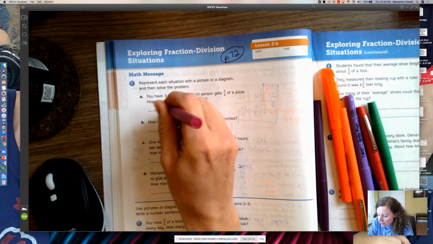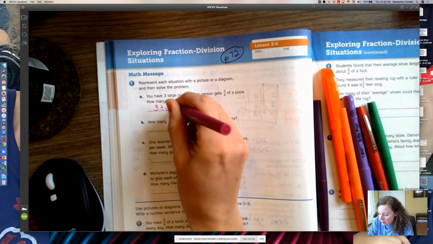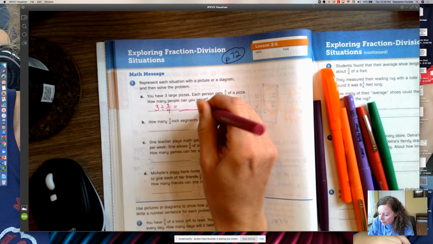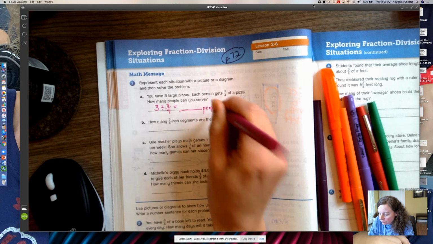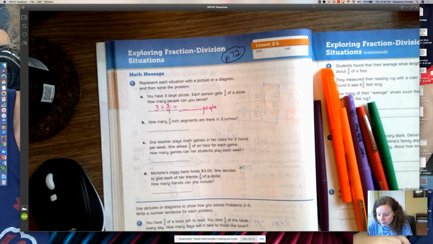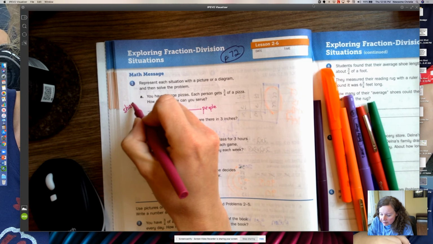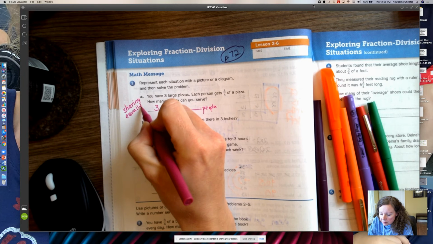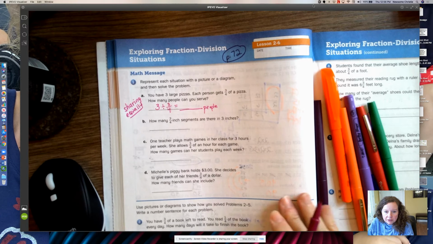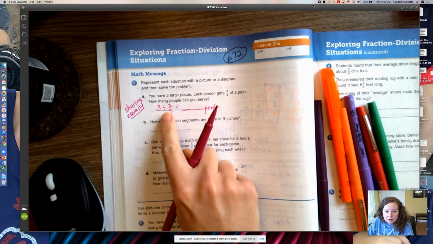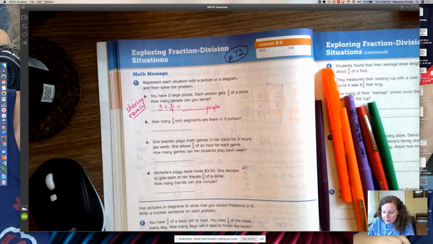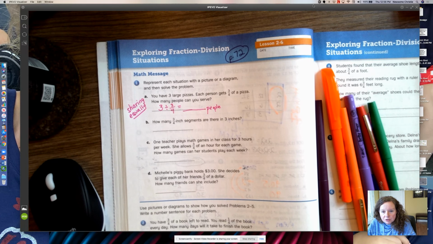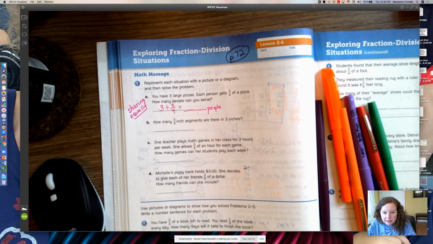Each of them is going to get 3/4 of a pizza, and we want to know how many people we can serve. The idea of sharing something equally is a division question, and you're going to see several of those. So 3 divided by 3/4. We're going to try to solve this today just by drawing a picture and trying to understand the situation.